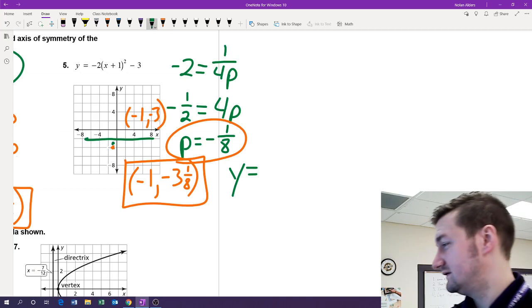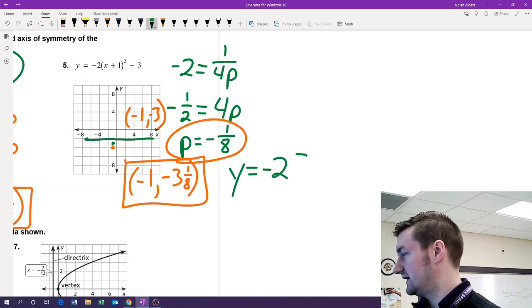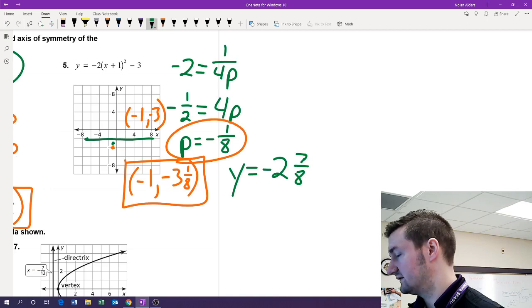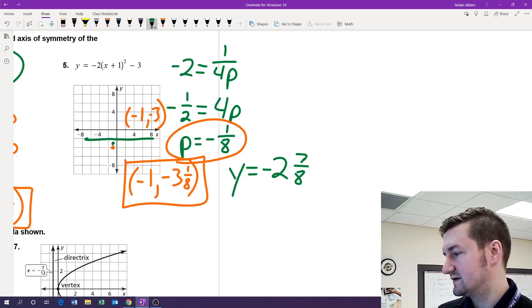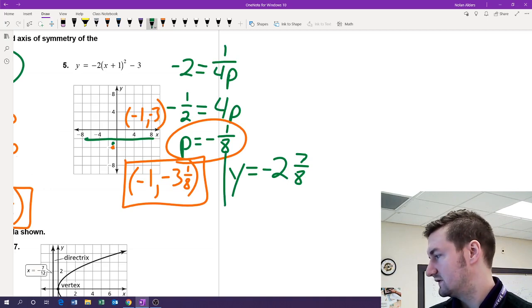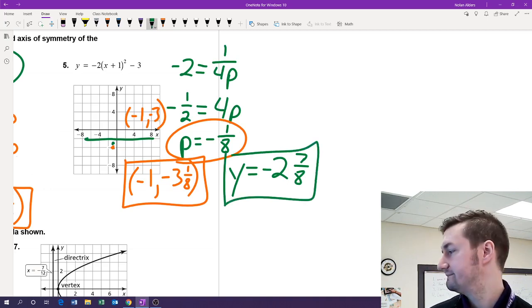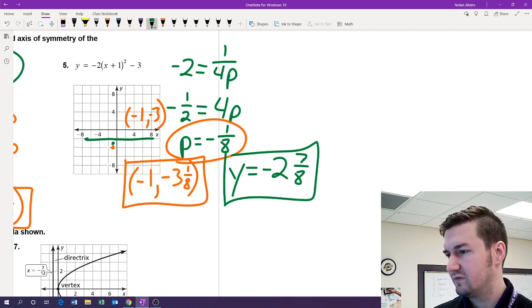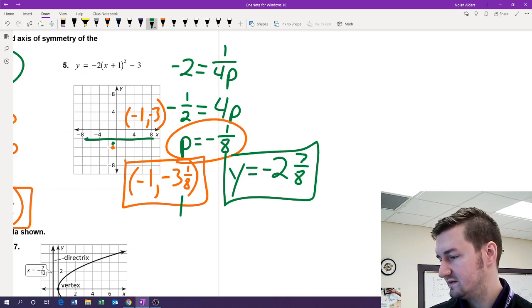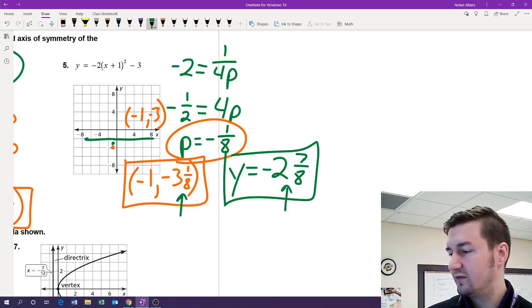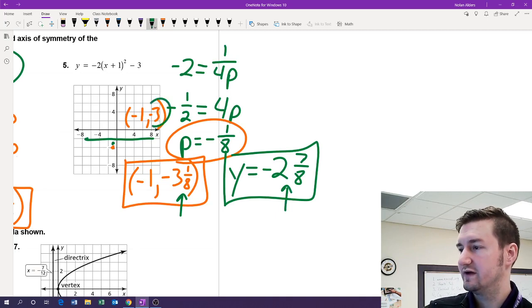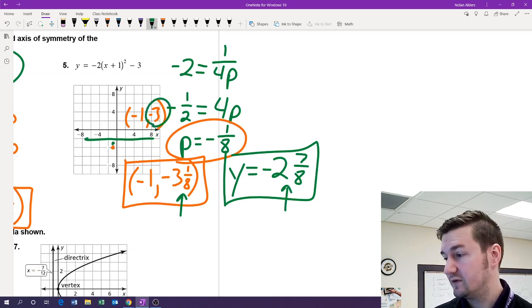So it'll be -2 and 7/8, because we subtracted 1/8 in the other direction. All right. So that's our directrix. And notice that this and this are both 1/8 away from our vertex. So if our vertex is -3, they're both equally distant away from that -3. So we have -3 and 1/8 down, and then up above it we have -2 and 7/8.